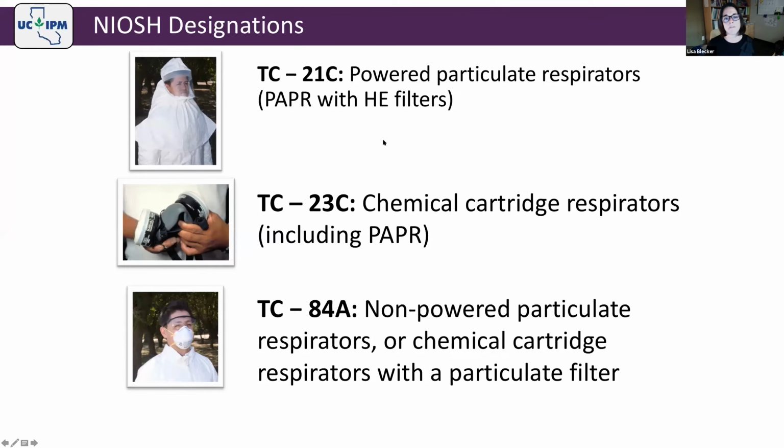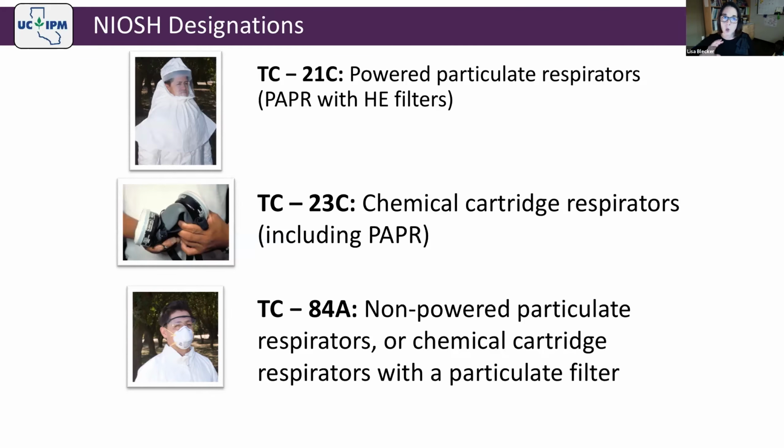So if a pesticide label says TC21C, many times they're talking about a powered particulate respirator or powered air purifying respirator, and it's shortened to PAPR, which is an acronym. Okay. So TC21C. Okay. So a TC23C is specifically a chemical cartridge respirator.